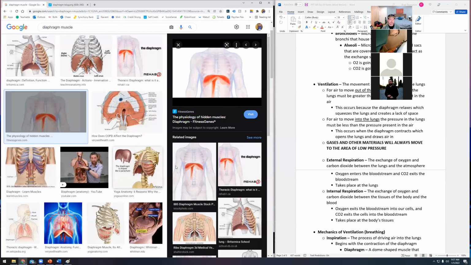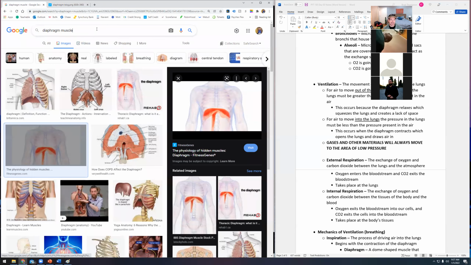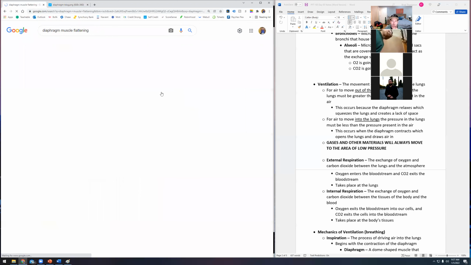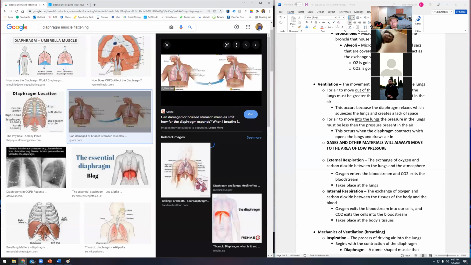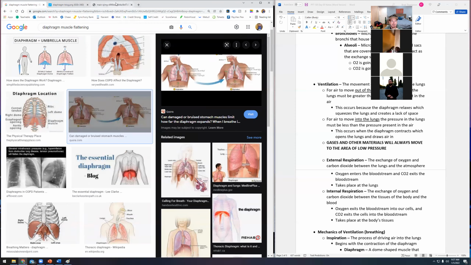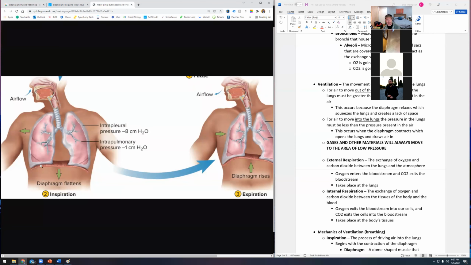And what happens is the diaphragm flattens down. Your diaphragm will contract downwards like this. You can see it'll flatten down. And what that does is, because it's attached to your lungs, and because your lungs want to naturally expand, it pulls your lungs open and creates an area of low pressure.